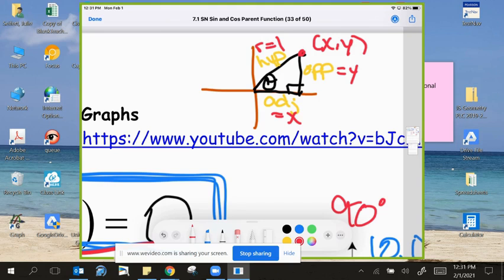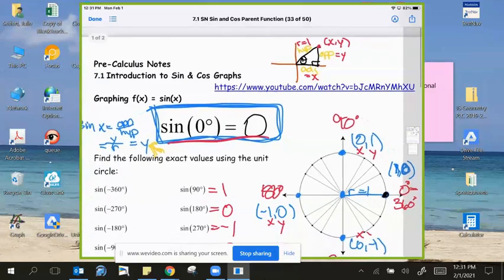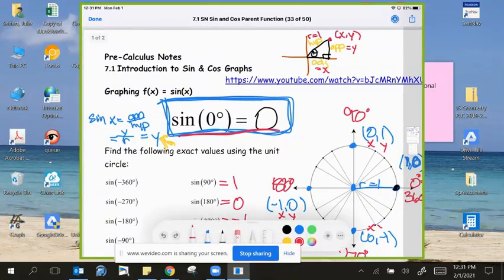So sine is opposite over hypotenuse. Over here on the left of my screen in blue, sine of x is opposite over hypotenuse. Opposite is y, hypotenuse is r. R is 1 on the unit circle, so sine is y. Same thing, cosine is x.